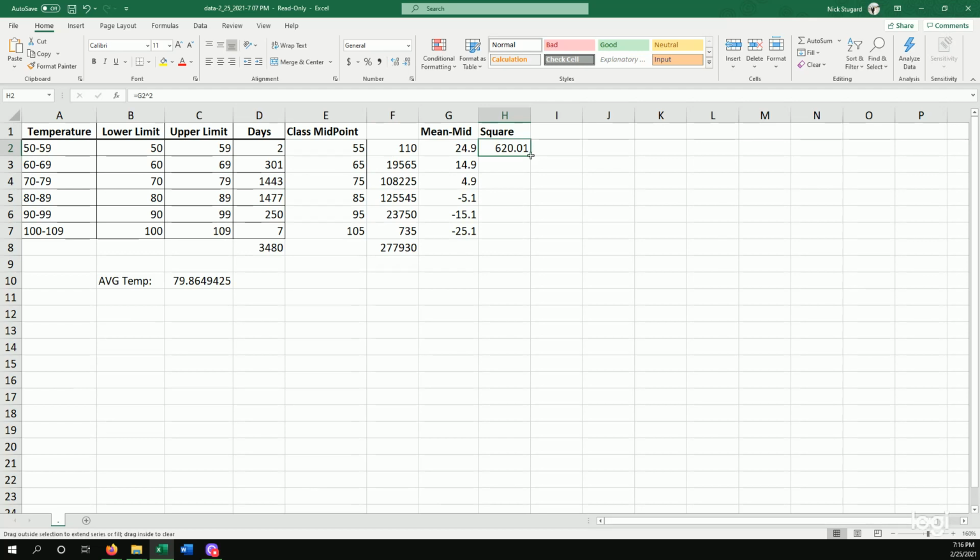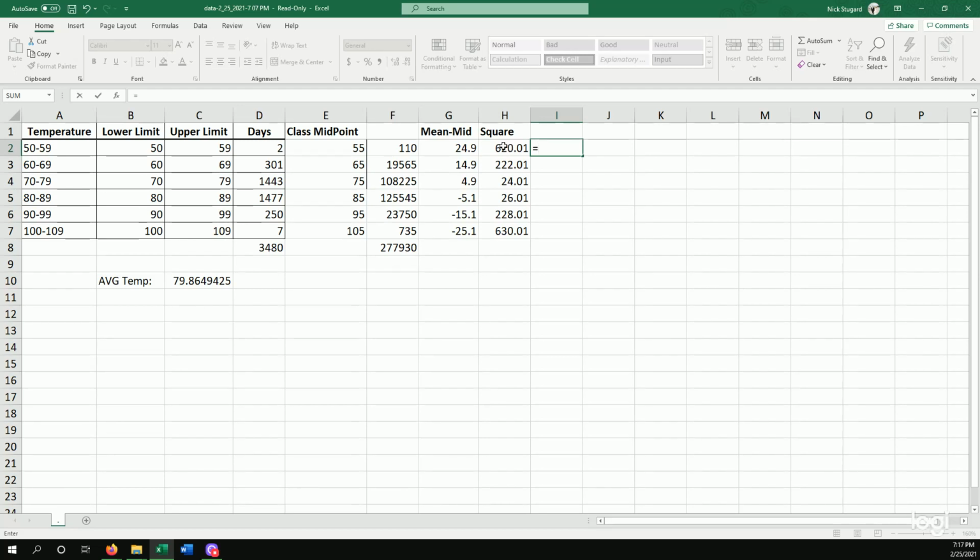And again, it can square all of my values. And good, now all of my values are squared. Now we need to find out, again, how many times we're doing multiplication. How many times was my deviation from the mean squared equal to 620?